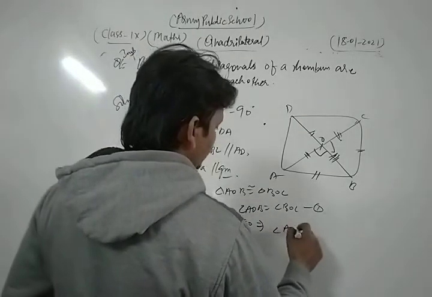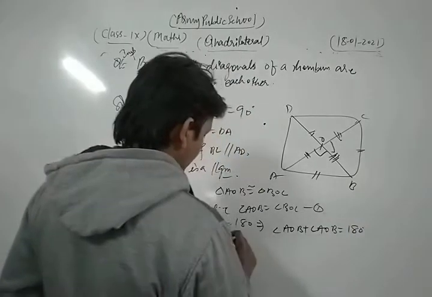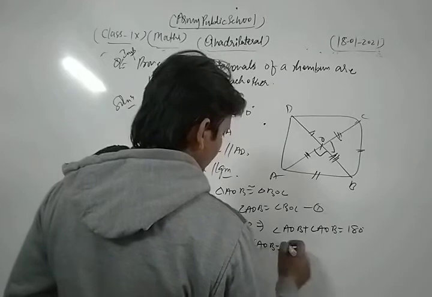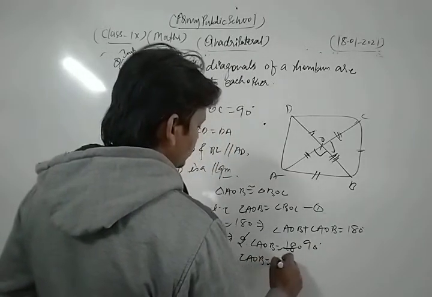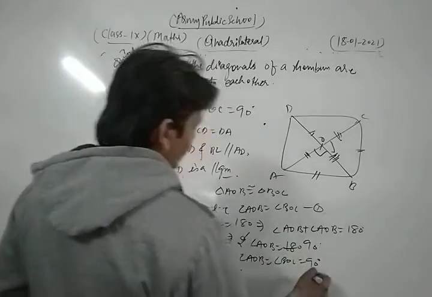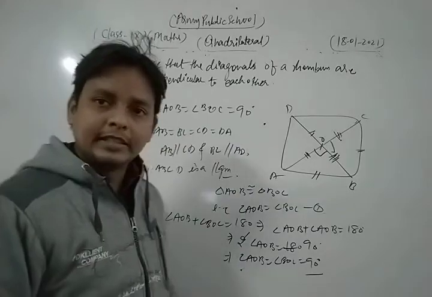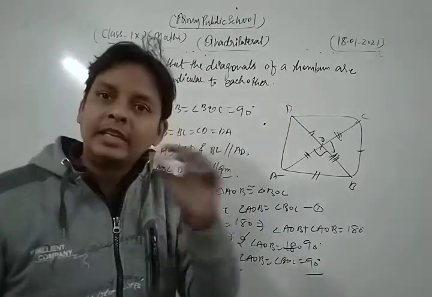So we put BOC as AOB: angle AOB plus angle AOB is equal to 180, that is, 2 times angle AOB is equal to 180, so angle AOB is equal to angle BOC is equal to 90 degrees. Hence, dear student, we can say that the diagonals of the rhombus are perpendicular to each other.